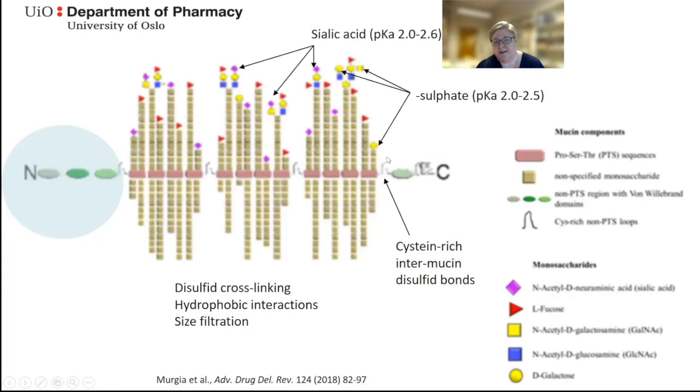Also, sulfate groups on the N-acetyl galactosamine and the galactose will be negatively charged. So we can talk about hydrogen bonding and ionic bonding that can happen also with interact with the mucin.